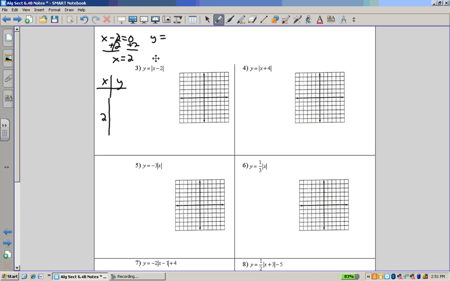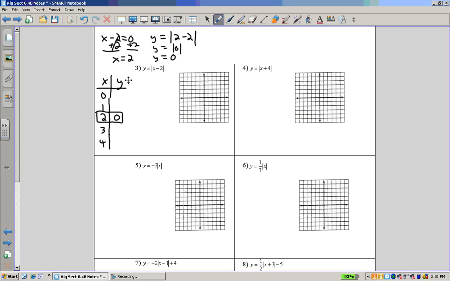Let's plug it in and see what the other half is. 2 minus 2 is 0. Absolute value of 0 is 0. So we're going to go up 1, up 2 from that point. We're going to go down 1, down 2 from that point.